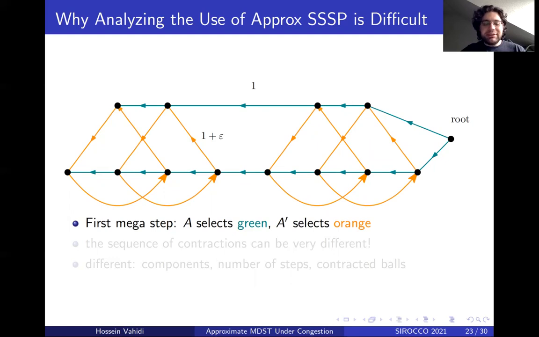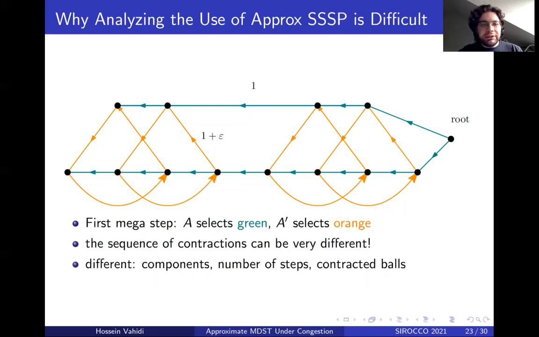As you can see, the sequences of the contractions are very different here. And as I told you, the components are different and they grow in different directions, which means that they get different sets of vertices, and this also influences the number of steps that it takes, and of course the balls that the nodes are contracting regarding the shortest path that we compute for them.